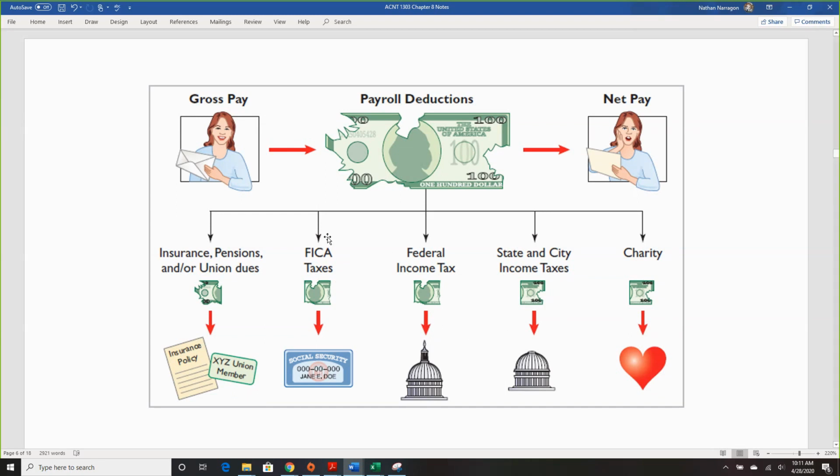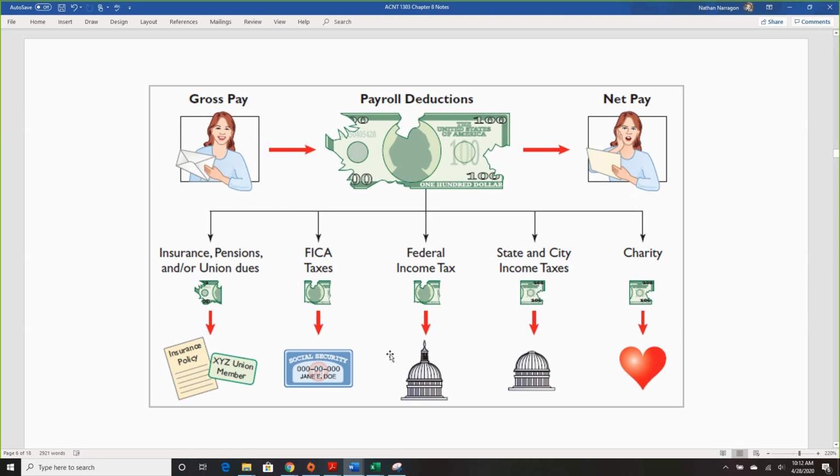we're going to see FICA. And FICA is your Social Security and Medicare. So, that is the Federal Insurance Contributions Act, FICA. Then, of course, you have federal income tax.